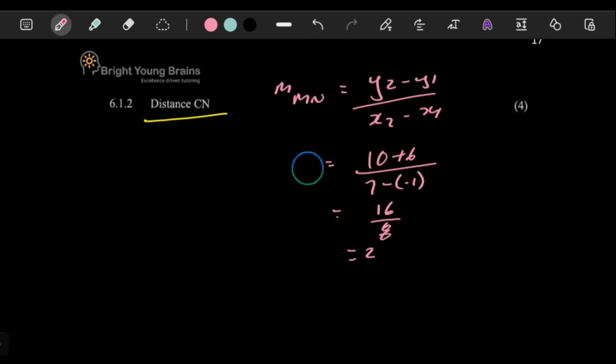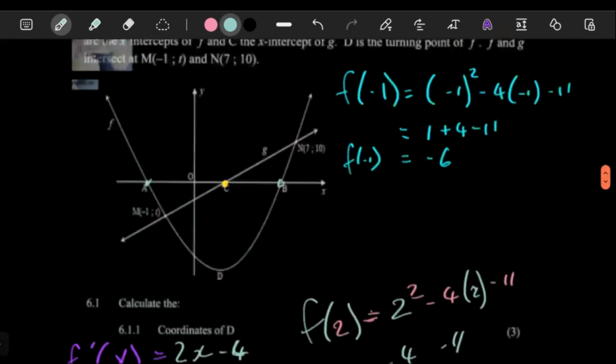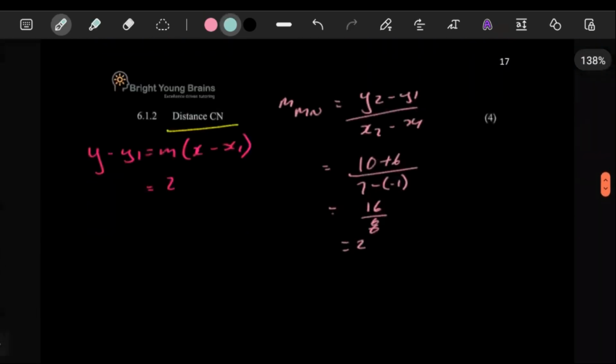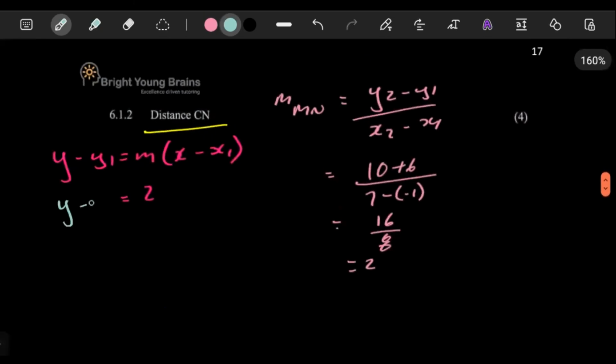So obviously, we have the gradient of CN now. We said we need to get the equation of CN. What we know is that y minus y1 is equal to m times (x minus x1). The gradient is 2. x1 and y1 represent the coordinates, so we can use 7 and 10 here. So y minus 10 equals 2 times (x minus 7), which is 2x minus 14.